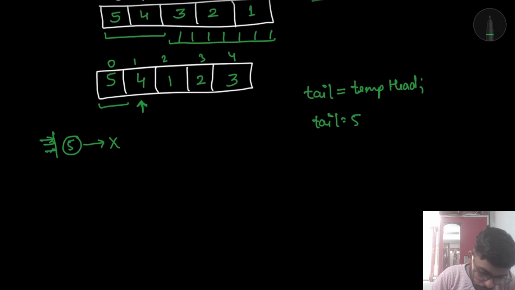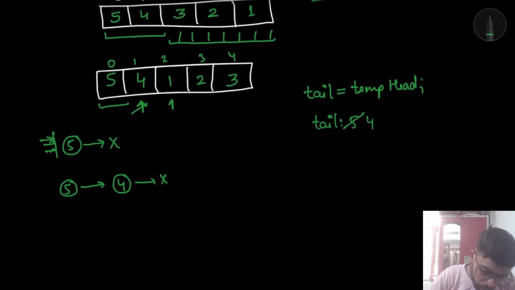So we will iterate it, and we will attach the tail's next to this new node. So 5 is there. To 5's next we will add the new node, and the new node's next will be null, and the tail will be updated to 4.